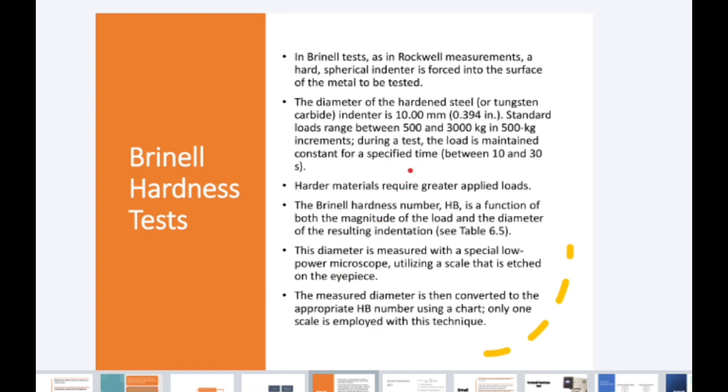Now, whatever indenter is used, usually it is hardened steel or tungsten carbide, and it is 10 millimeter in diameter. The standard load range is between 500 and 3000 kilogram, in 500 kilogram increments. Like 500, then 1000, 1500, 2000 kilogram, right?